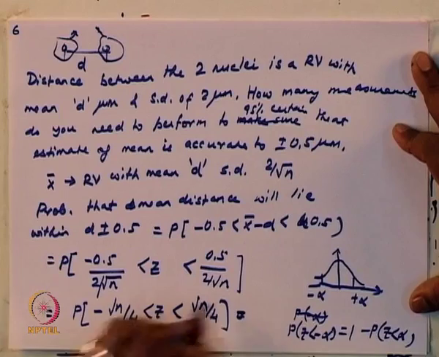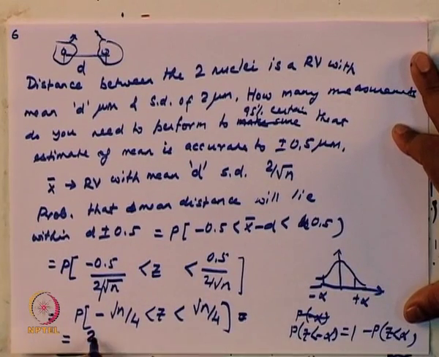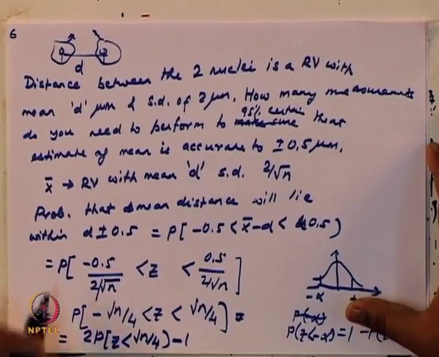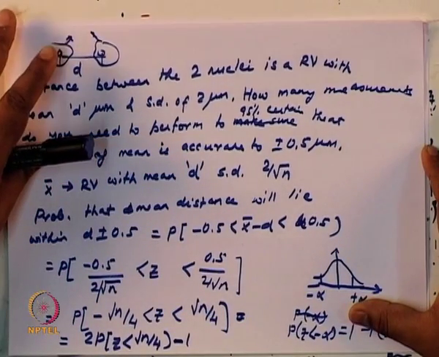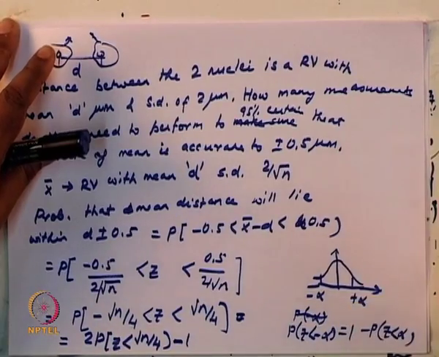Invoking this, I can write this as 2 times the probability of z less than root n by 4, minus 1. Now, this is the probability that the mean distance will lie within plus minus 0.5 of d, and I want to be 95% certain that this is so.